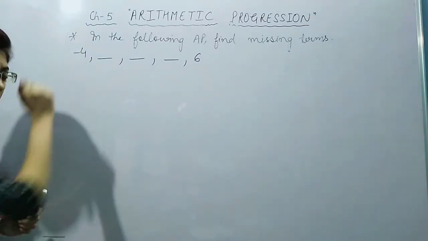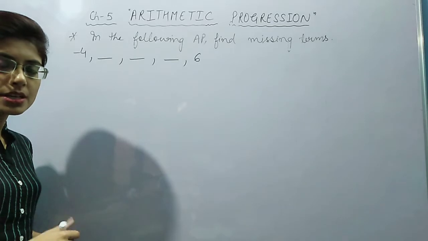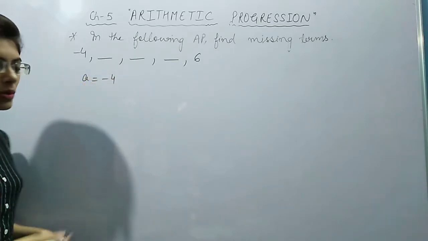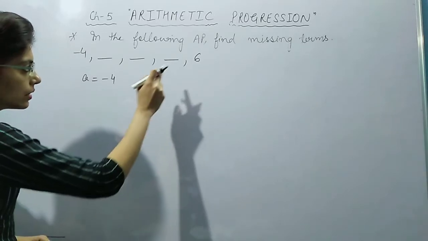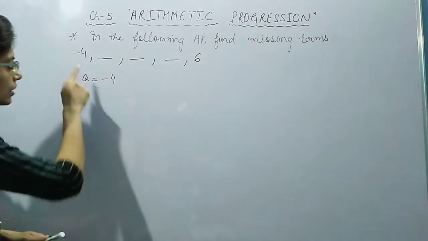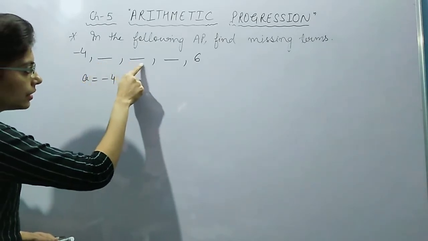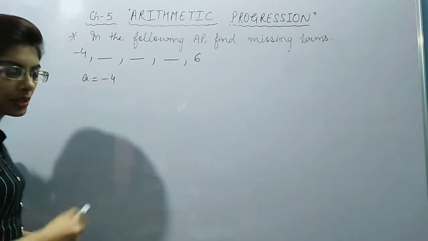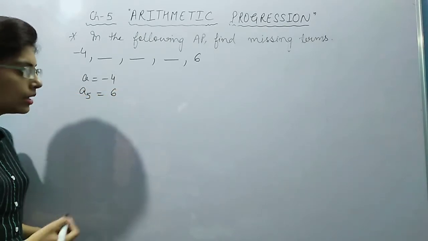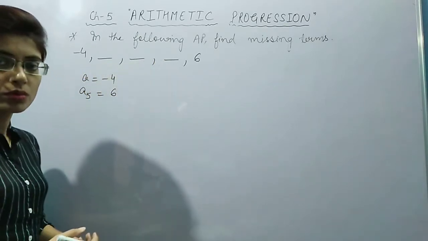I can see the first term is given. The first term is always written as small a. So a is equal to minus 4, first term. And this is the last term. Last term means first, second, third, fourth, fifth. So this is the fifth term. A5 is equal to 6. And these missing terms we have to find.